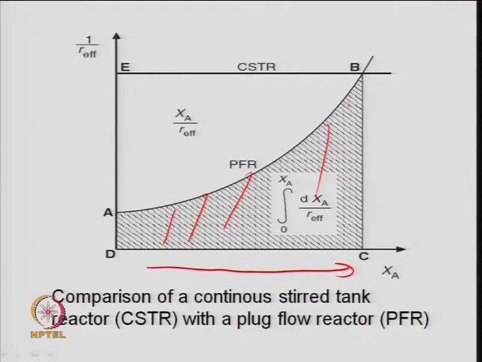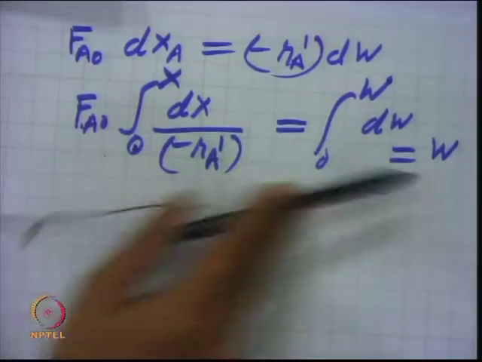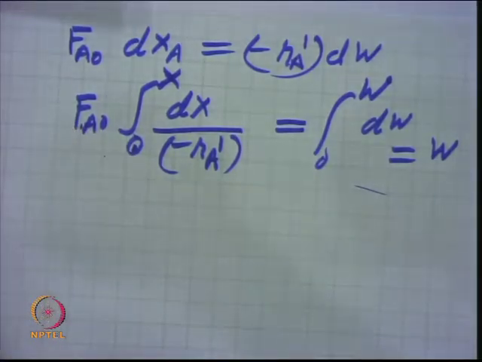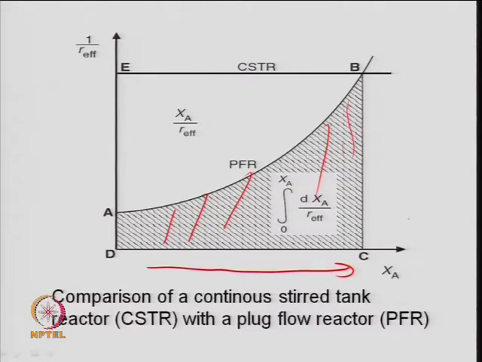This area under the curve is your W by F A naught, so this value can easily give you the mass of the catalyst required for a given conversion.